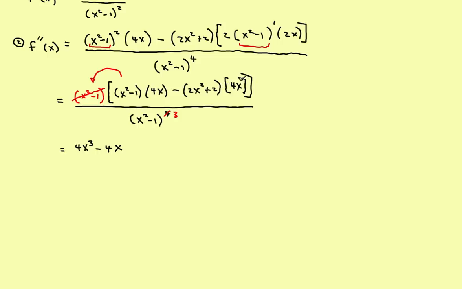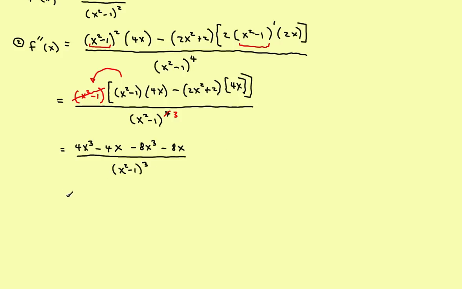And when you do this, you'll have a minus 8x cubed. And then finally distribute this. This will become 8x and a negative. It'll turn into a negative 8x. The whole thing is now divided by x squared minus 1 cubed.